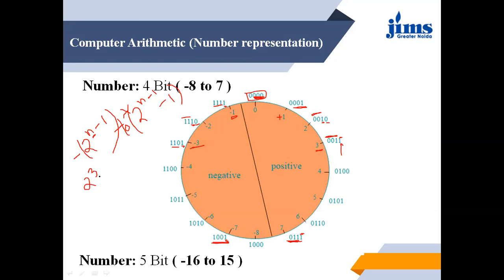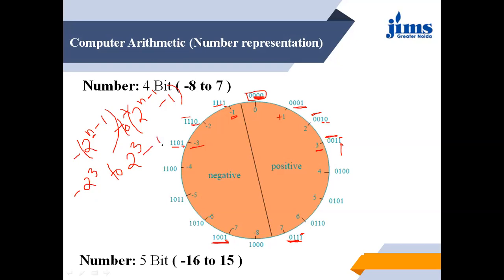So 2 raised to the power 3, this is minus 2 raised to the power 3, to 2 raised to the power 4 minus 1, that is 3 and minus 1.